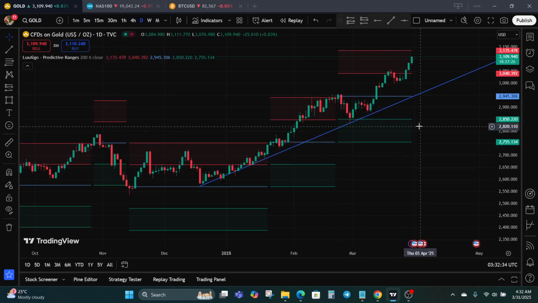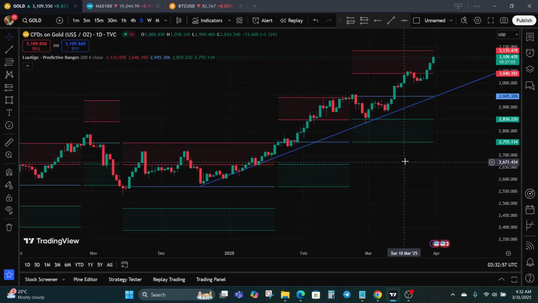So these levels give you a clear roadmap of where price is likely to react. Okay, so that helps you plan your trades with confidence.